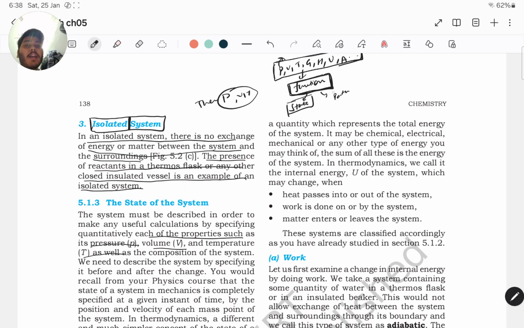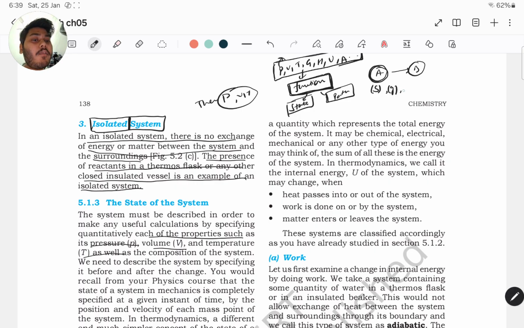Path function means it depends on the path that we are using to go from A to B, or else it is a state function, meaning the state is involved. For example, it may be solid or gas, because states are basically three. Generally there are five states: solid, liquid and gas, then the Bose-Einstein condensate and the plasma.